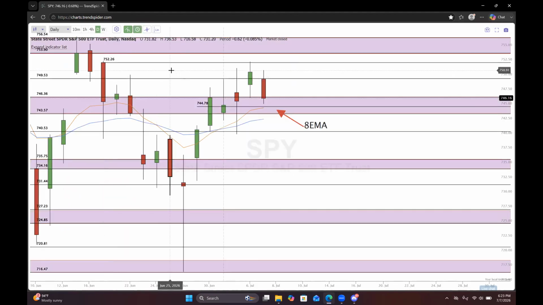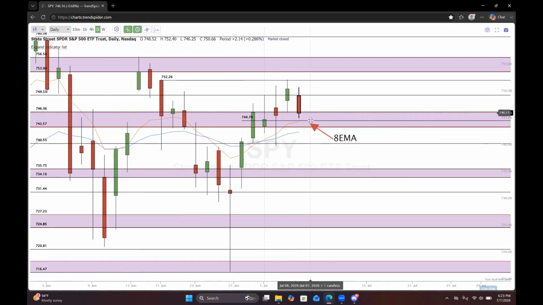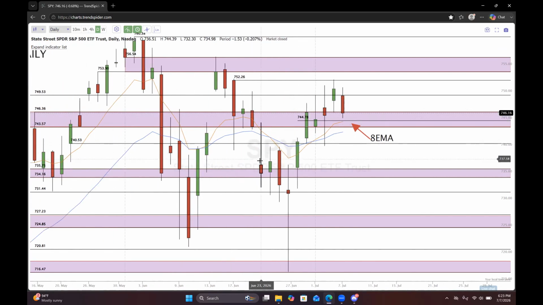So when we come back to the daily here, what are the confluences? What is one of the confluences? The daily 8 EMA. And you guys already know, we're on the daily chart here, the daily 8 EMA, or any 8 EMA on any time frame that you use, is our trend indicator.